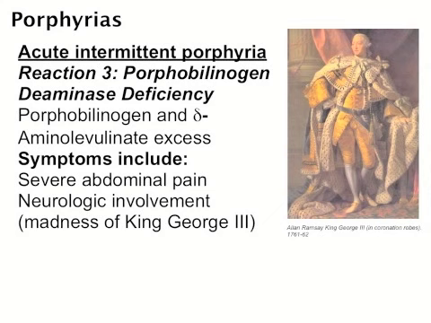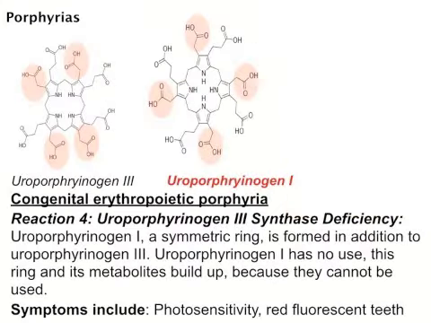It is thought that King George III had acute intermittent porphyria, and that this accounted for some of his more radical decisions. On the other hand, in congenital erythropoietic porphyria, we have a deficiency in the enzyme that catalyzes reaction 4. This is a deficiency in uroporphyrinogen 3.